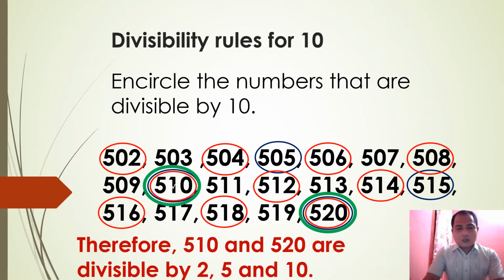Therefore, 510 and 520 are divisible by 2, 5, and 10. Again, the rule for 2 is all numbers that end with 2, 4, 6, 8, and 0. The divisibility rule for 5, it ends with 0 and 5. And the divisibility rule for 10, it ends with 0.